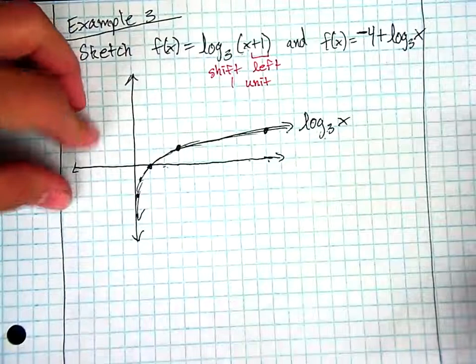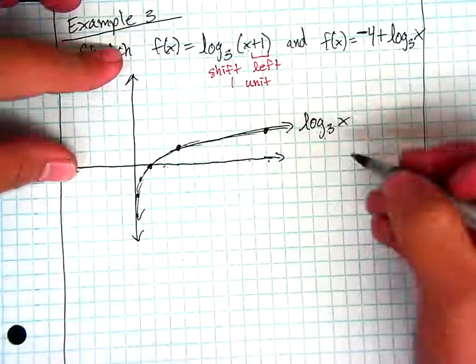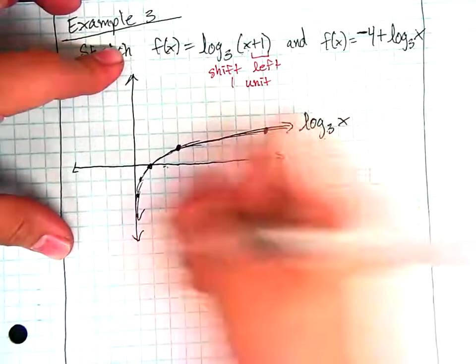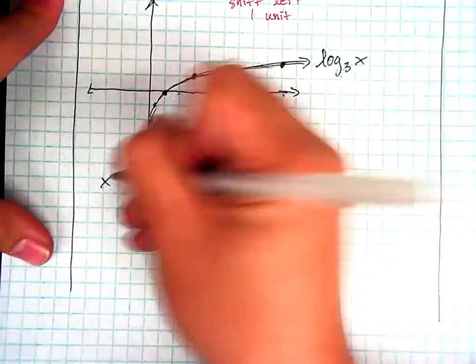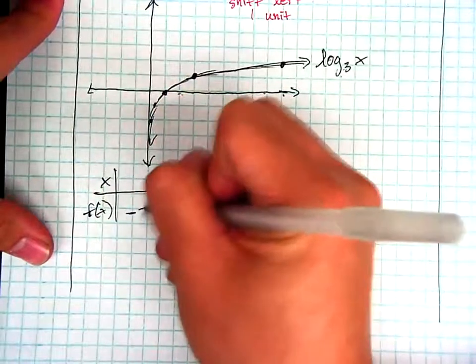If I really wanted to prove to myself that that was true, I could actually make another XY table using that, and it would look something like this. Let's go ahead and set it up down here. So x, f of x, again I want to work backwards, so negative 2.